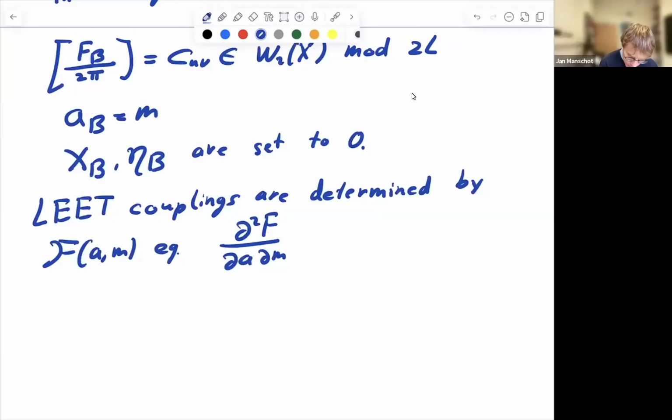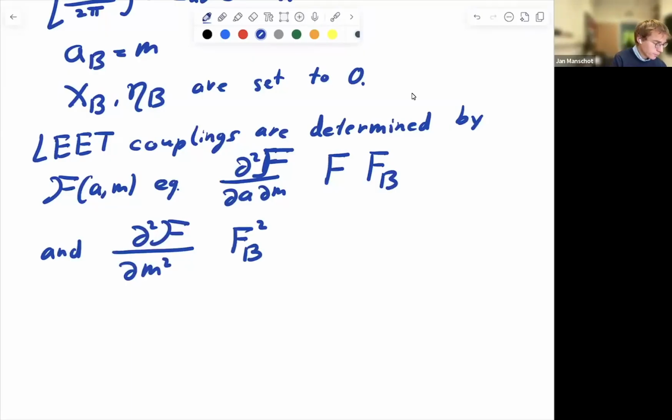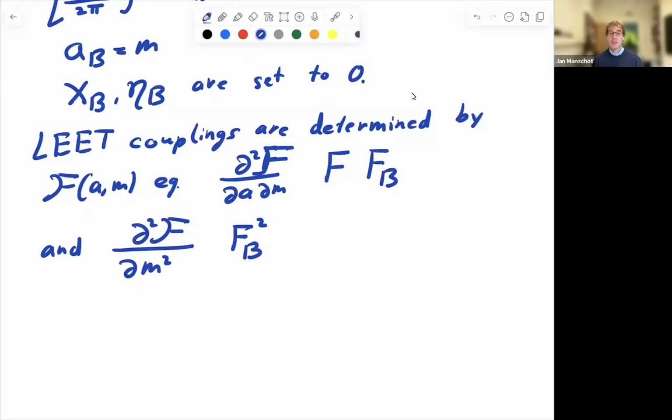This is then multiplying the U(1) field strength F, multiplied by the field strength of the vector multiplet F_B. And we have similarly a coupling, the second derivative of the prepotential with respect to m squared, and this multiplies F_B squared, etc. Okay. Any questions so far?